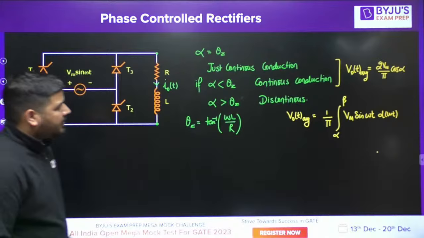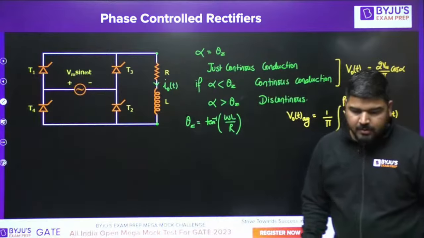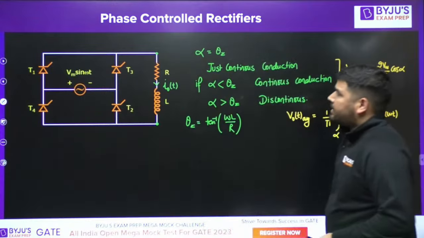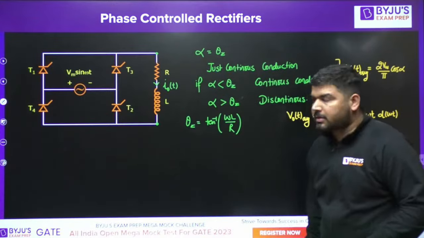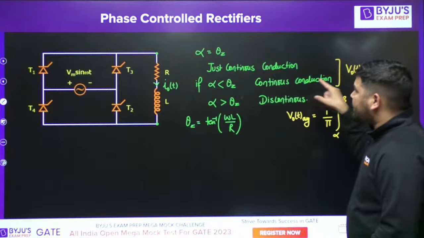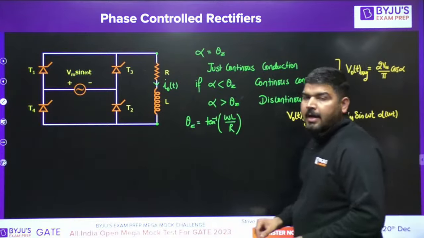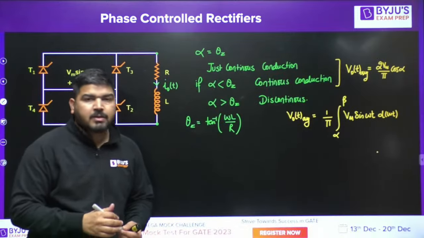Now let's come to this point. Now let me tell you some other points. In RL load, I told you if alpha is theta Z, the conduction will be just continuous. If alpha is less than theta Z, conduction will remain continuous, and if alpha is greater than theta Z, conduction will become discontinuous.